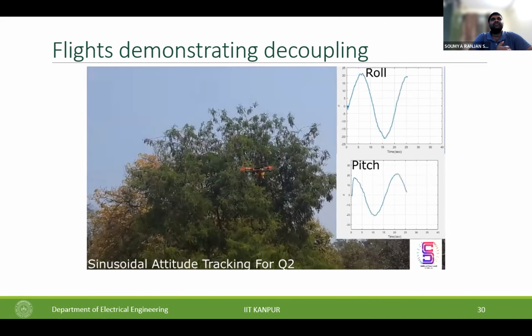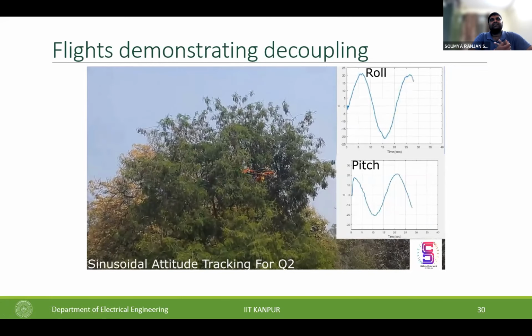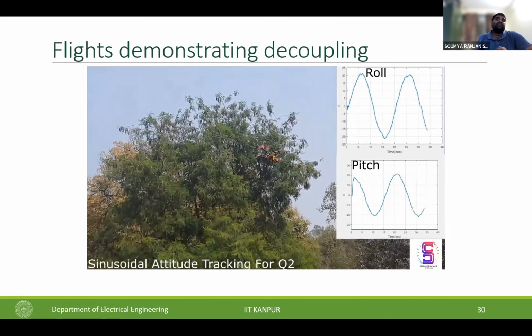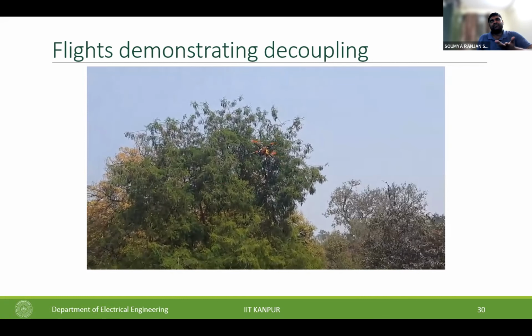The deviations that you see are very less as opposed to what one would have seen with a conventional quad rotor. In a conventional quad rotor with this much, you would have essentially seen big circle kind of motions, because 20 degrees is a good enough angle to move it along X and Y with high accelerations.